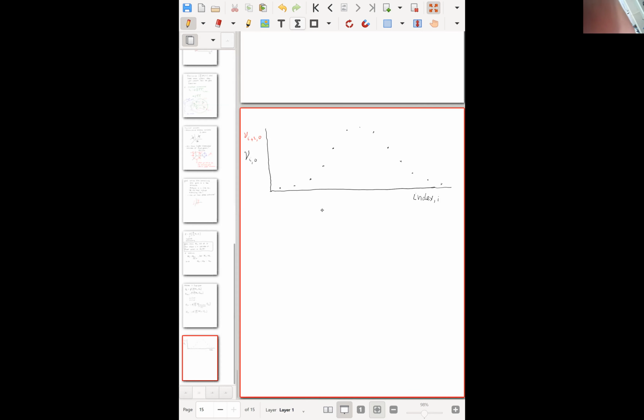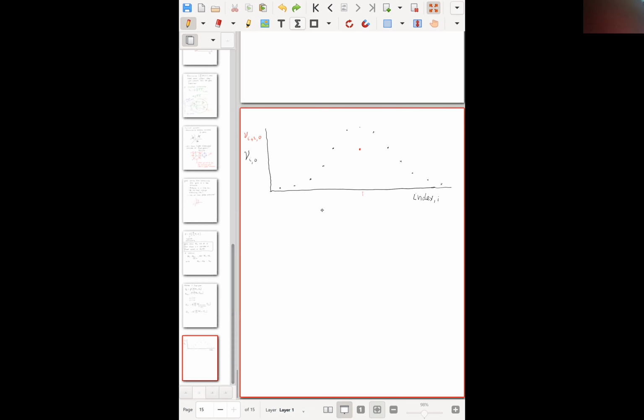So basically, if you want to know the value of ν_i0 here, ν_{i+2},0 is basically the value of this term. It's the same as this one, right? Because it's the value two over.